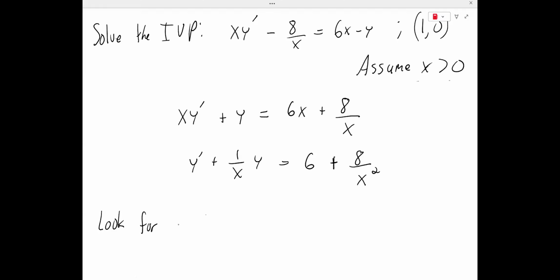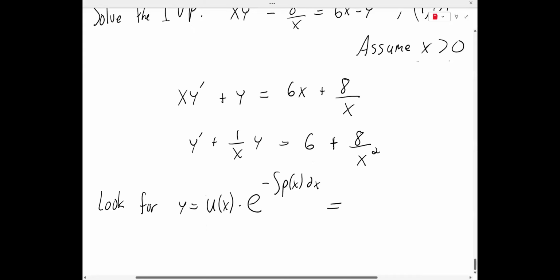Look for y equals u, which is a function of x, times e raised to the negative integral p of x dx. So to help solve this, we'll look for solutions of this form.